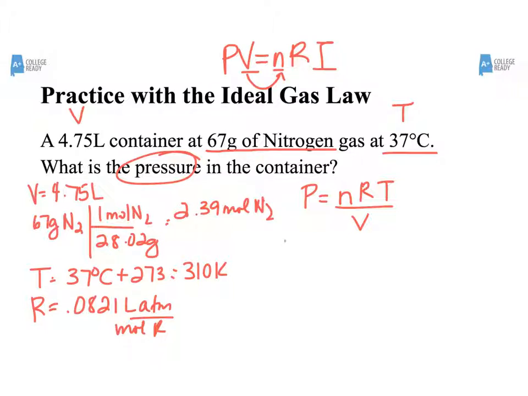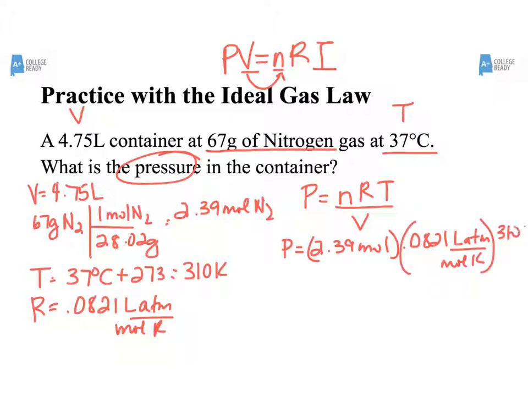Now let's plug everything in. Pressure is equal to 2.39 moles times 0.0821 liters atm per mole Kelvin. That's the unit for R. Times 310 Kelvin.